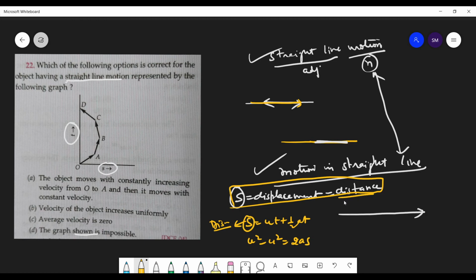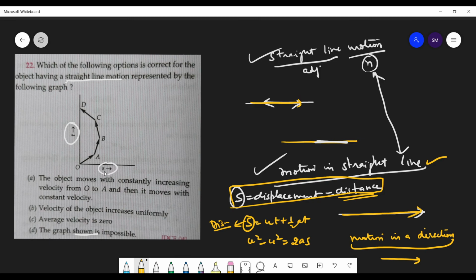This can only be distance if we are moving in the same direction. So there's a difference between motion in a straight line and motion in one direction. Motion in one direction means moving in a straight line without reversing, and then only distance and displacement will be same.